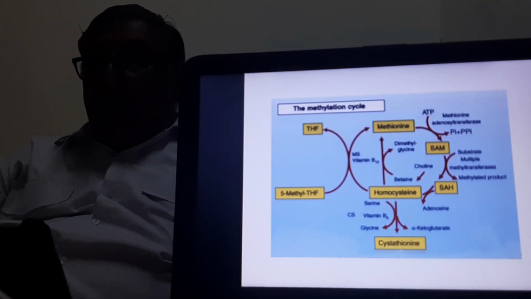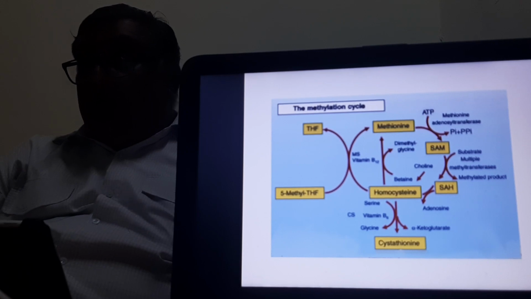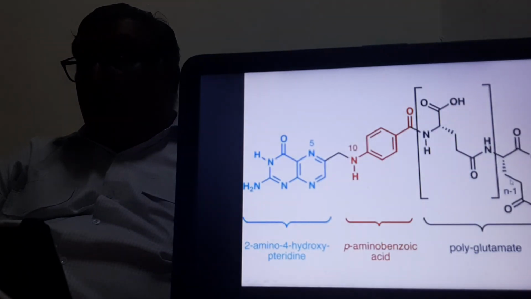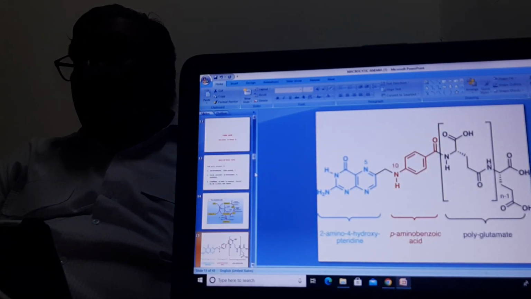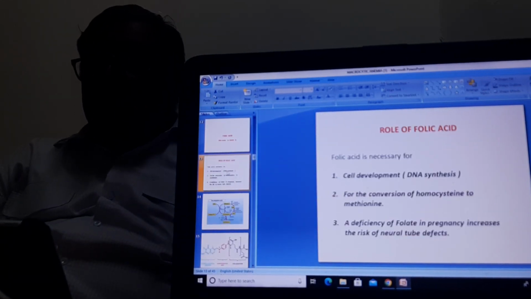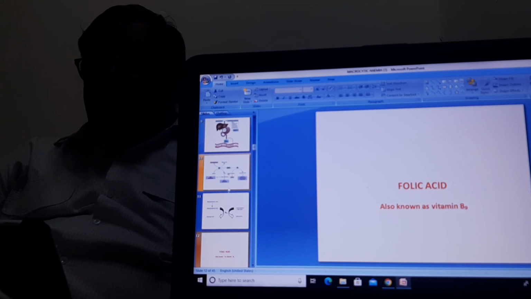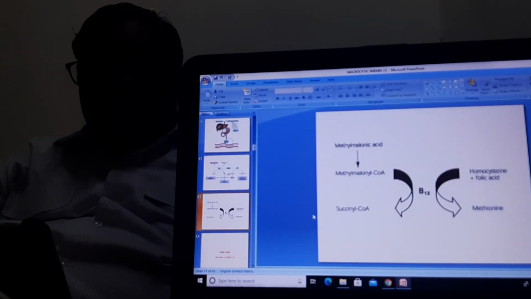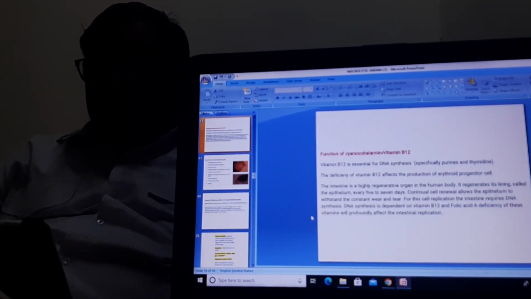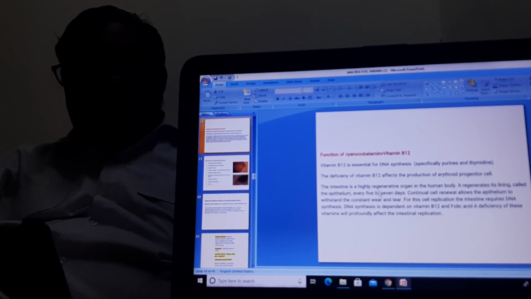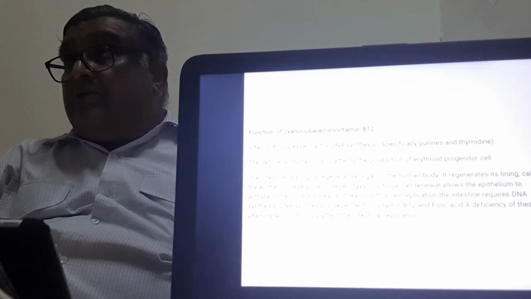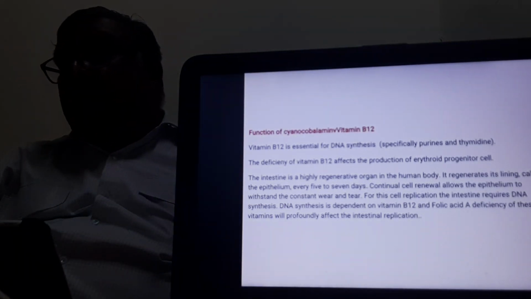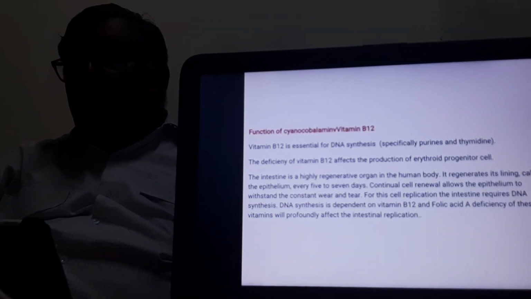These are the erythroid cells, which are called erythron. Then the intestine, because it regenerates very quickly, the whole intestine lining, the epithelium, regenerates every 5 to 7 days, which is a very high rate. So a lot of DNA synthesis takes place, and that is why intestinal symptoms are very common if there is B12 or folic acid deficiency.